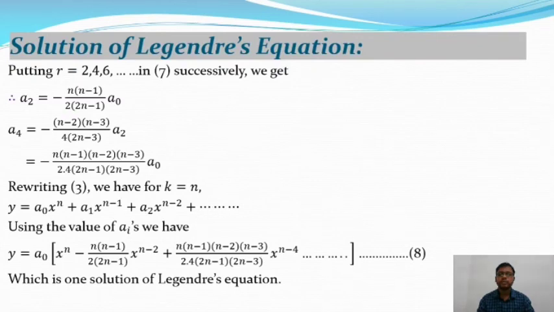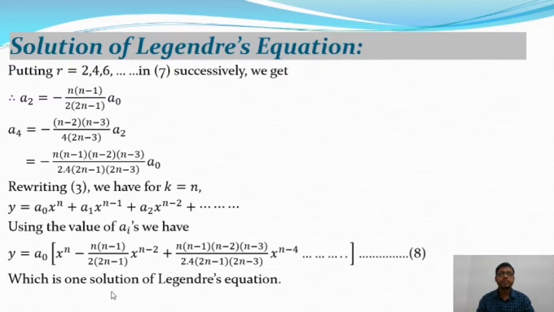I have already found this, and after that the next term will be f4. And f4 is equal to minus n into (n minus 1) into (n minus 2) into (n minus 3) by 2 into 4 into (2n minus 1) into (2n minus 3) into x to the power n minus 4, and we can write it as equation number 8.